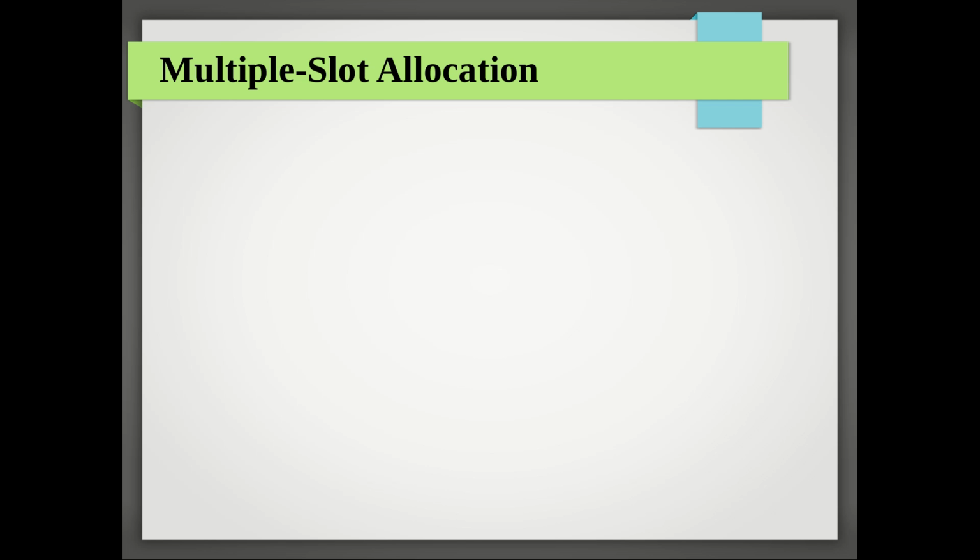Normally we allocate slots in a uniform way, so for every input line or source there will be a single slot. Now what we can do is, for a particular source, if needed, you can provide multiple slots, to handle the differences in the data rate.